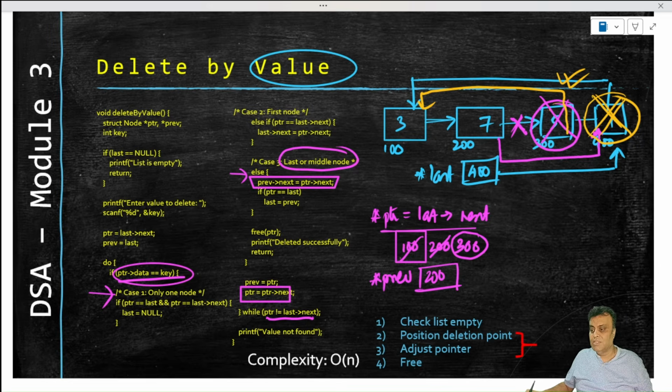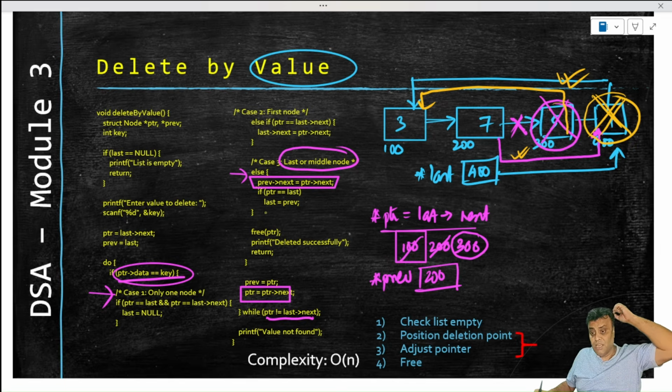So either we are deleting something in the middle where we know what adjustments we had to make, or we are deleting at the end where we have to remove this link which was going back to the front and make this go back to the front, and that's what we are doing here. So that's something that we are taking care of here.